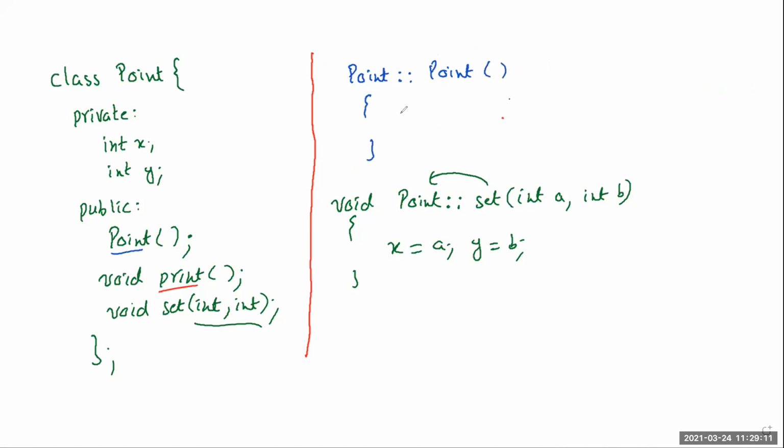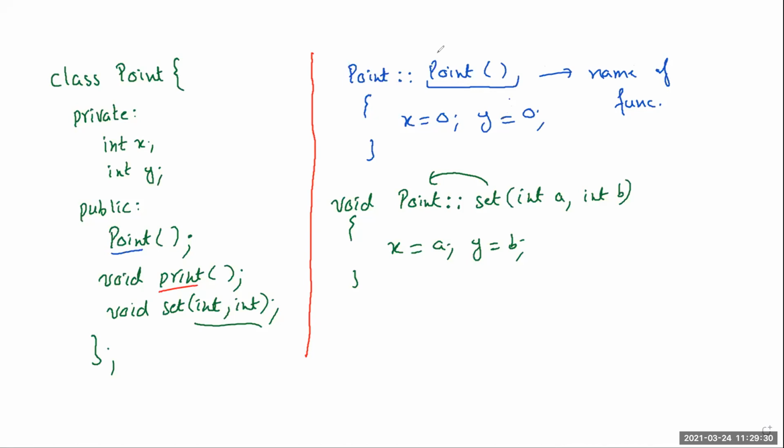But if you understand it stepwise, it is very easy. This point which is here is the name of the function. Since it was a constructor, the name of the function is the same as the name of the class.